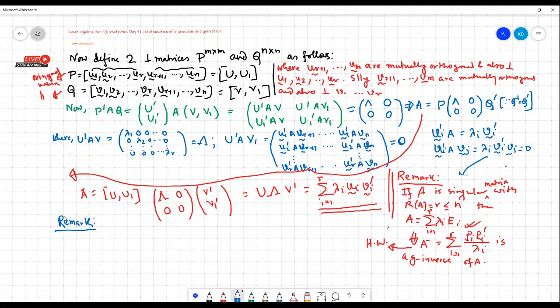Let n equal to n and A is symmetric. The roots of A prime A are equal to the roots of A square, because A is a symmetric matrix.